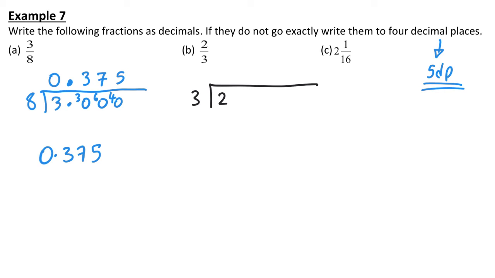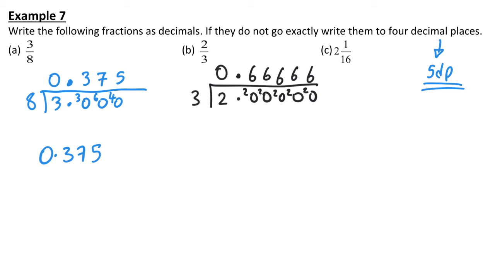Example B, 2/3. So what we're going to do is put 2 under the bus shelter, and we're going to divide it by 3. I'm going to put 5 decimal places in, and I'm going to put my decimal point in first as well. 3 into 2 doesn't go, so we'll put down a 0 and carry a 2. 3 into 20 goes 6 times, with a remainder of 2, and this repeats each time. 3 into 20 goes 6 times, and we don't care about the next remainder and carrying on any further.